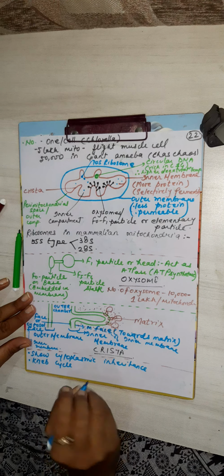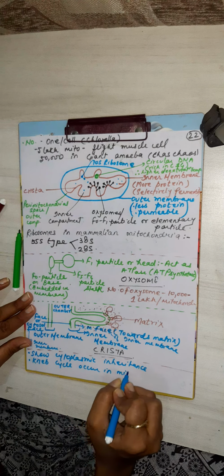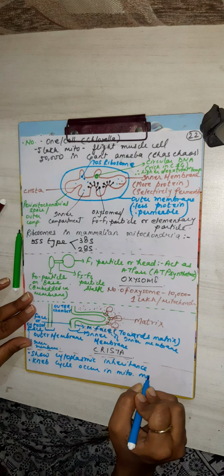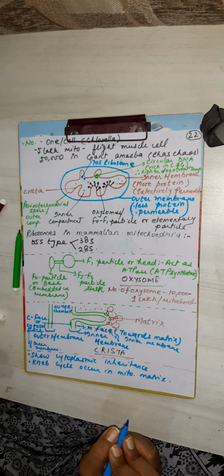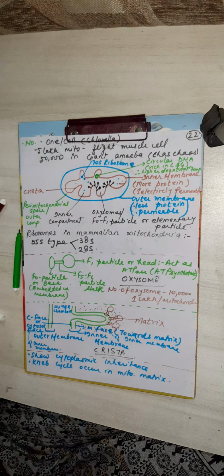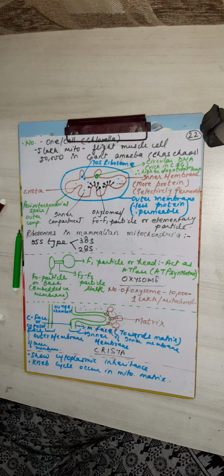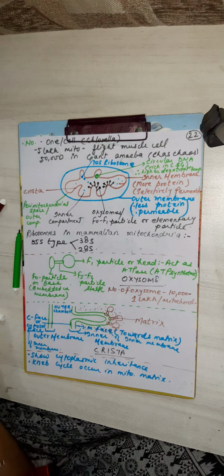This you will study in the respiration chapter. Okay. And why is it known as the powerhouse? It is the site for synthesis of ATP, the energy currency, through aerobic respiration. Okay. So we are done with the mitochondria.